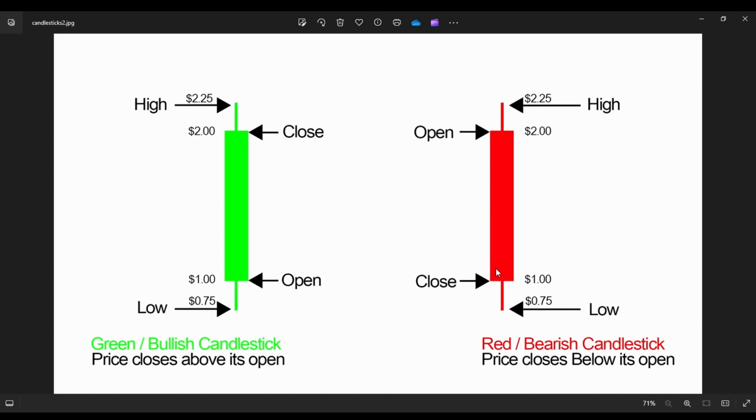The sellers pushed it all the way back down to 75 cents. 75 cents was rejected by the buyers, but the buyers weren't strong enough. There wasn't enough buying pressure to push the price past $1. So within that 5 minutes, it closed at $1. It's that simple, right? So go over this a few times, and we're going to look at some real life chart examples.